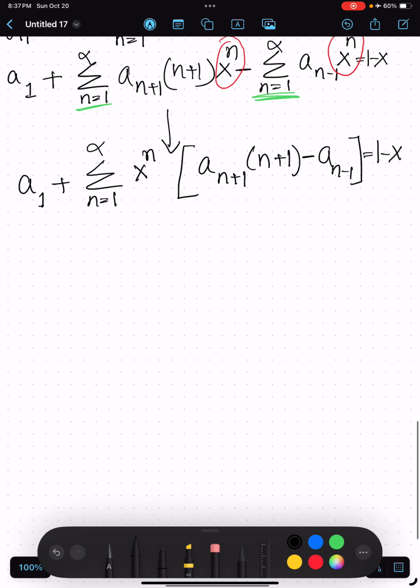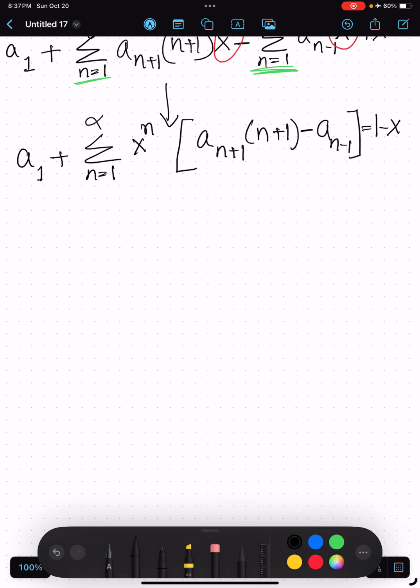Okay, so we have done the most important part. Now, our next step would be basically plugging in or getting these values of a's. We have all these coefficients, so we want to get those values. All right, so let's look at the first term. That is a sub 1.